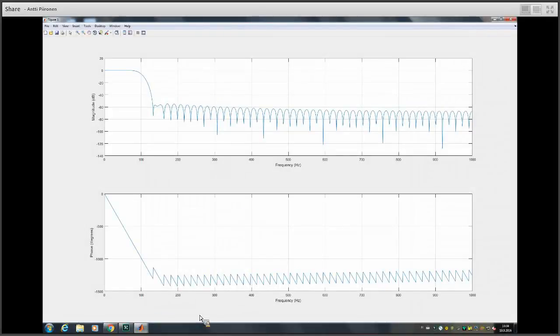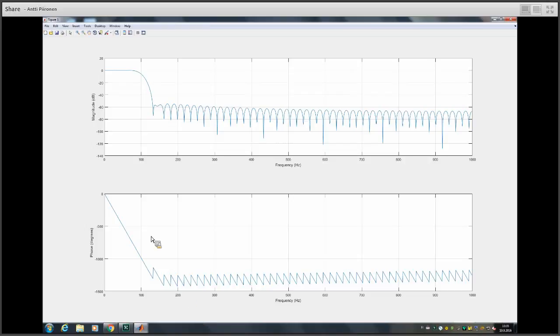Okay. So we started from that sink multiplied with the smoother window, and now we have an FIR filter with minus 60 dB on the stop band, meaning 60 dB attenuation on the stop band. Okay. And with the desired cutoff frequency.